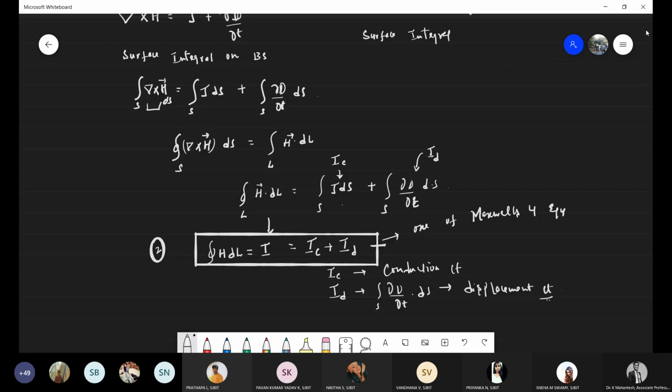The first one has already been derived. What is the first Maxwell's equation? Del cross E is equal to minus dou B by dou T. This was your first Maxwell's equation. We'll try to consolidate all those equations later. This is due to Faraday's Lenz's law.